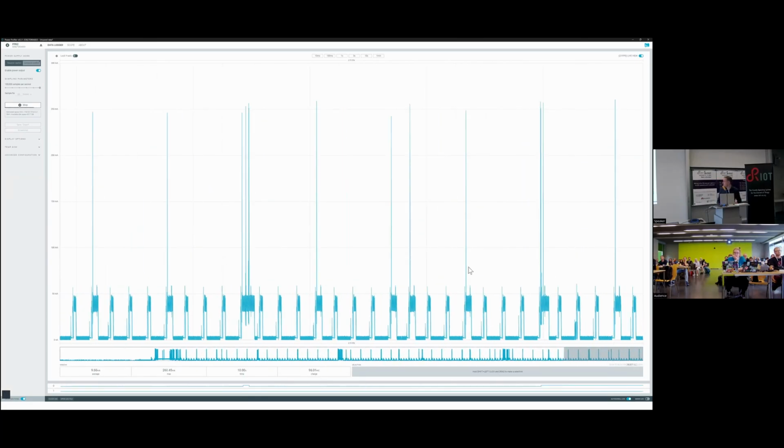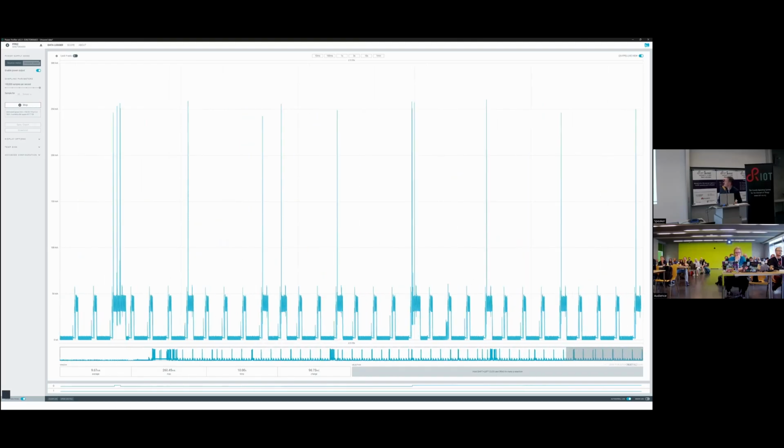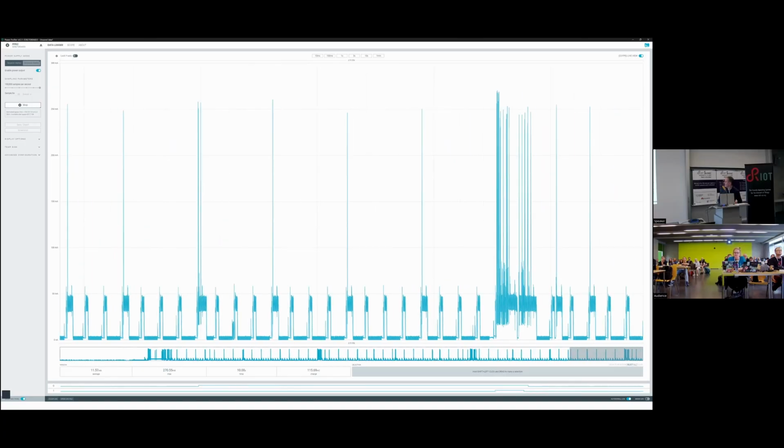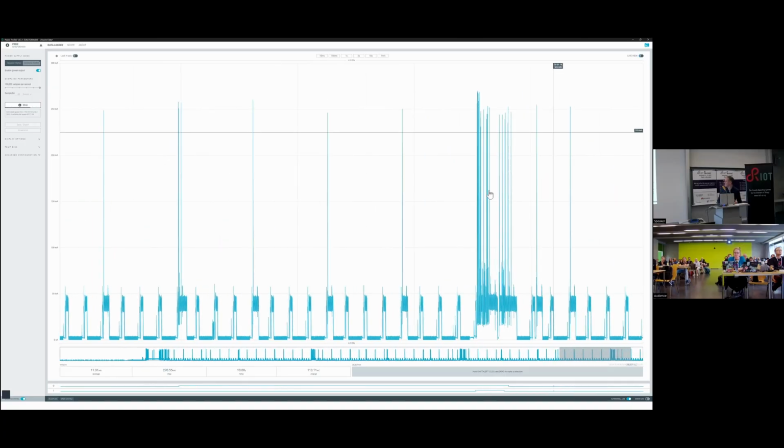So let's give this a pause. Okay, so what you just see here at the bottom, this is actually a DTLS handshake taking place due to a change in IP address, the source IP address of my client board.